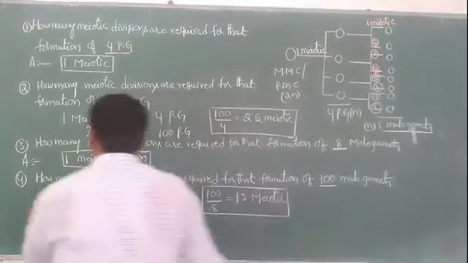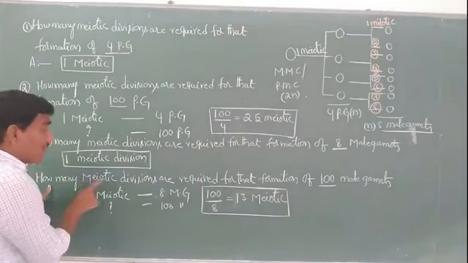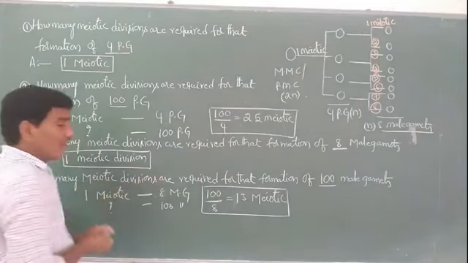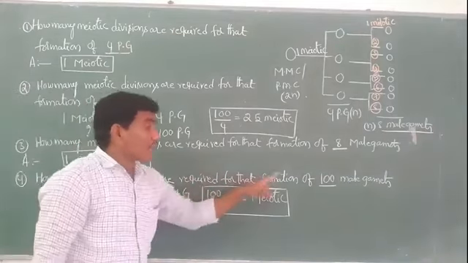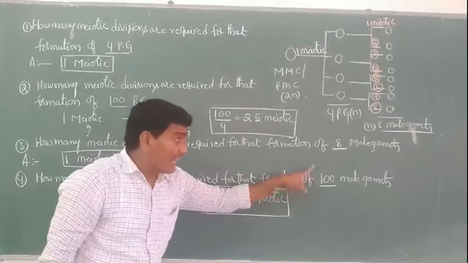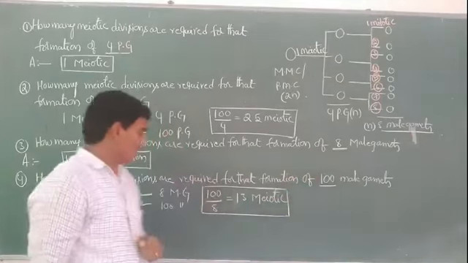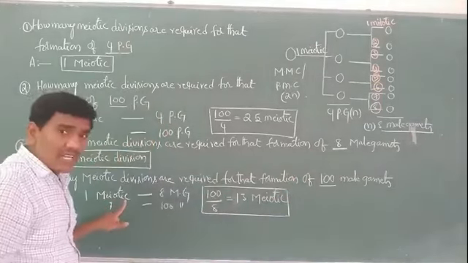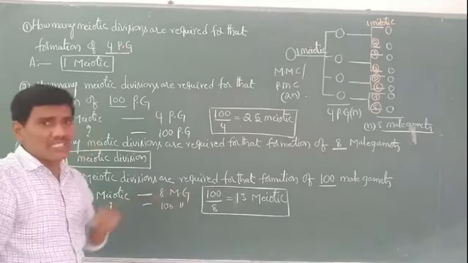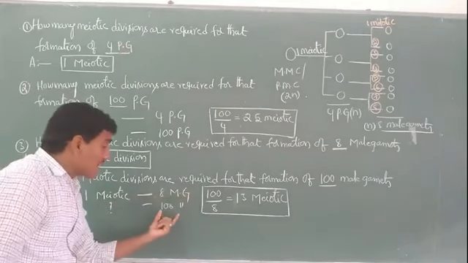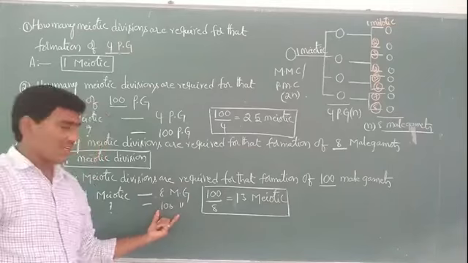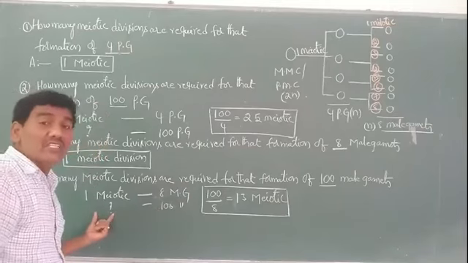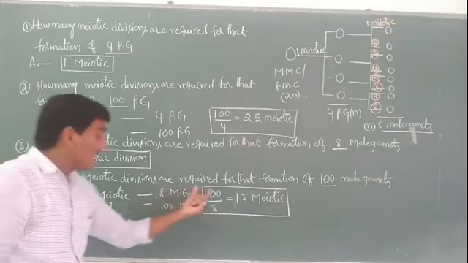Fourth problem: how many meiotic divisions are required for the formation of 100 male gametes? 1 meiotic division gives 8 male gametes, so 100 by 8.